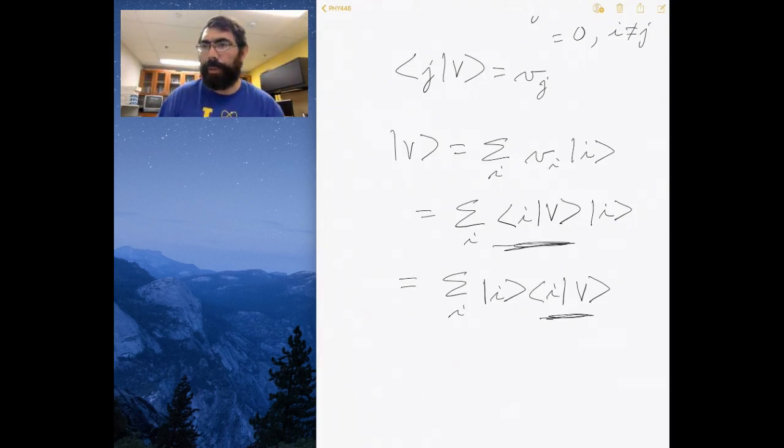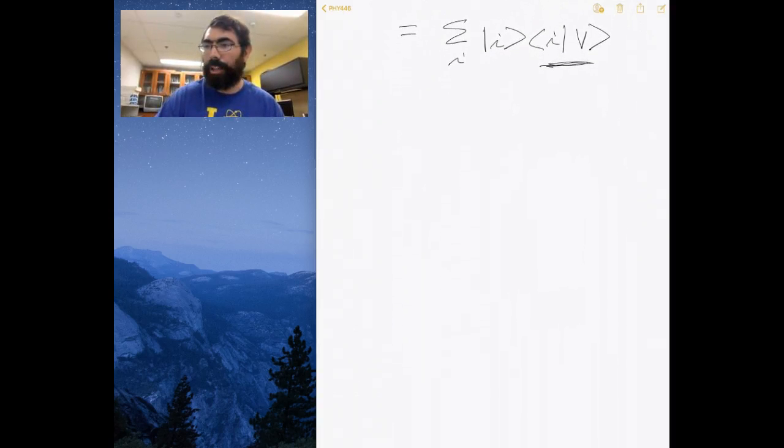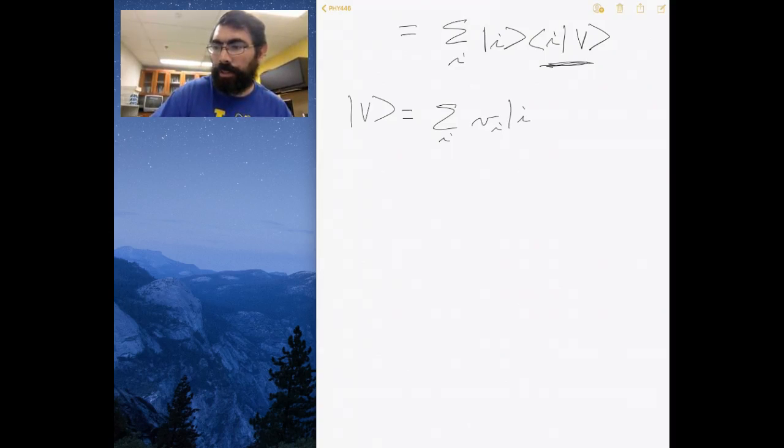If you want to think about it in terms of column vectors again, then this vector v is just the sum of vi times the basis.